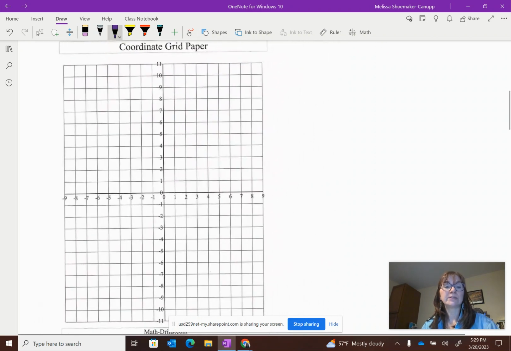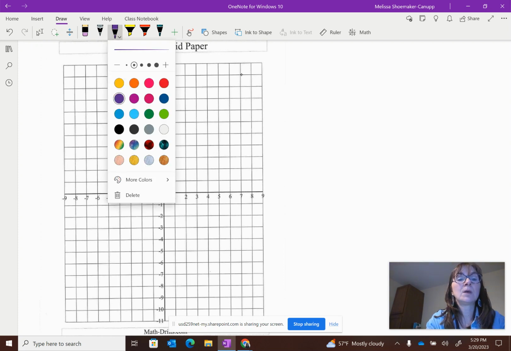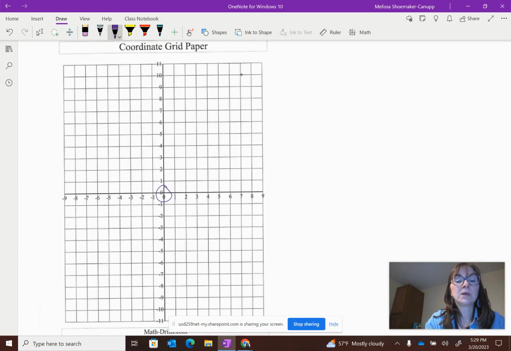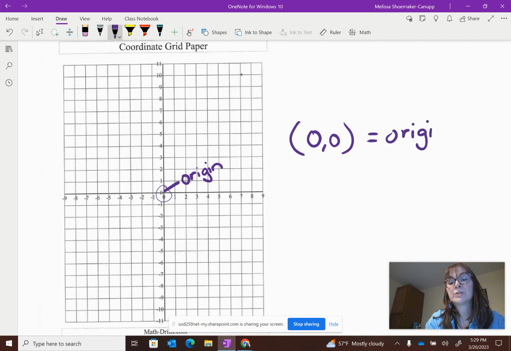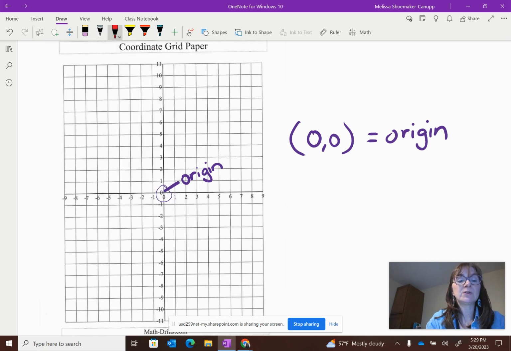Now, let's start taking a look at a coordinate plane. We see here 0, 0. That's called the origin. Okay, so 0, 0 is the origin. I'm going to change colors so we can make sure this is all easy to follow.